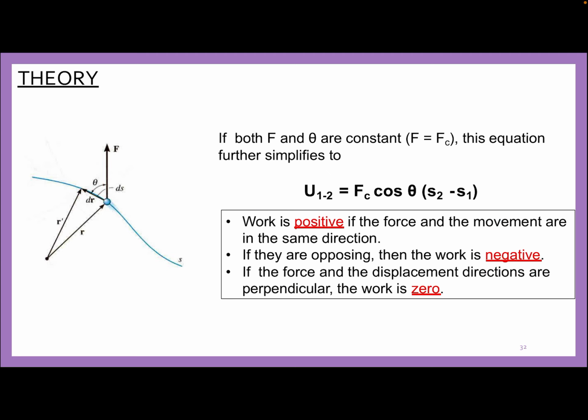Next, if both F and theta are constant, this equation is further simplified to U from 1 to 2 equal to F cos theta (S2 minus S1). S2 is the S final, S1 is the S initial.